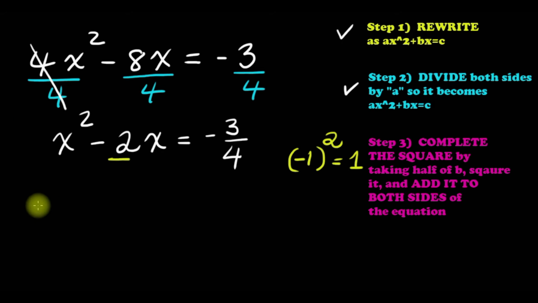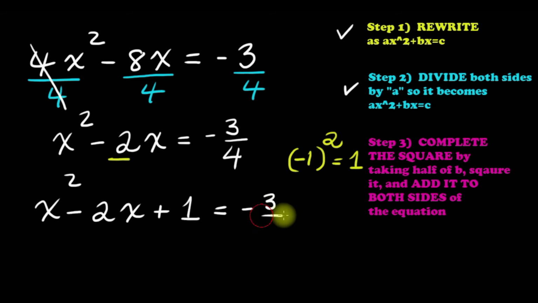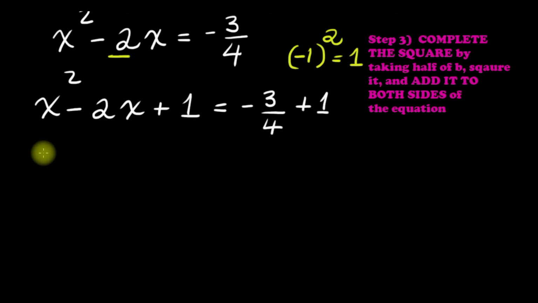So it's going to look something like this. x squared, take away 2x, plus 1. And then on the right-hand side, you have negative 3 over 4 plus 1. I'm going to go ahead and rewrite this where I simplify what's on the right-hand side.